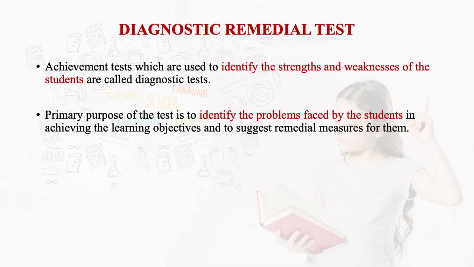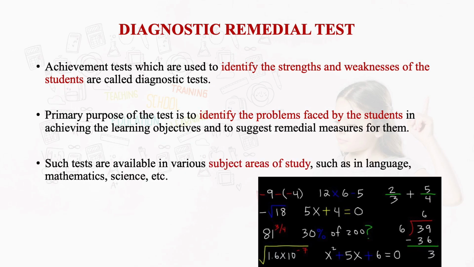And further we can say that the primary purpose of the test is to identify the problems faced by the students in achieving the learning objectives and to suggest a remedial measure for them. And such tests are available in various subject areas of study, such as language, mathematics, science, etc. So if a particular student is not doing well in language, mathematics and science, what do you have to do first?